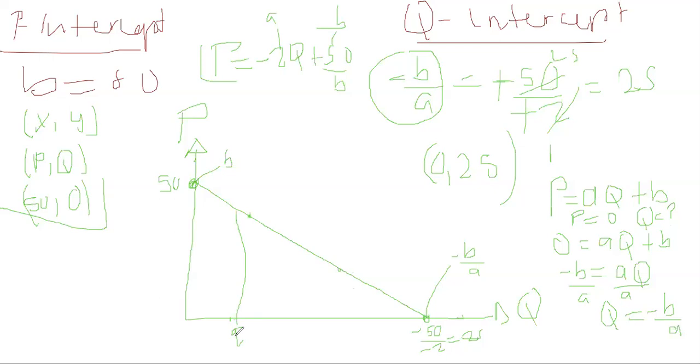When the Q is 9, what will be the price? We can calculate that. So the B part of the question says that when the price is 10, what will be the quantity? We don't know it yet. To know this, you just substitute here and you'll have the value of this.